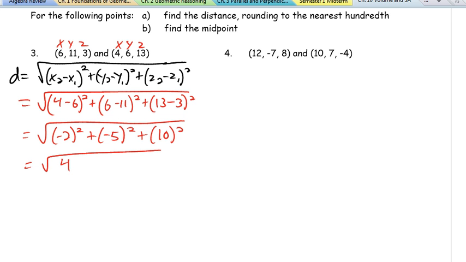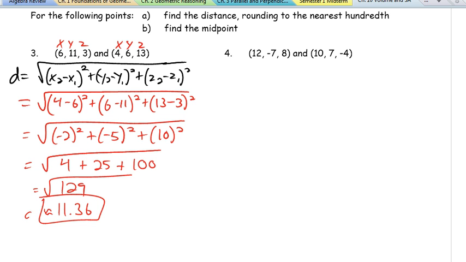One more step and then I'll punch in the calculator. 4 plus 25 plus 100, so that's going to be equal to the square root of 129. I'm just going to go ahead and give us a decimal here. Square root of 129 is about 11.36. And that would be our distance here.